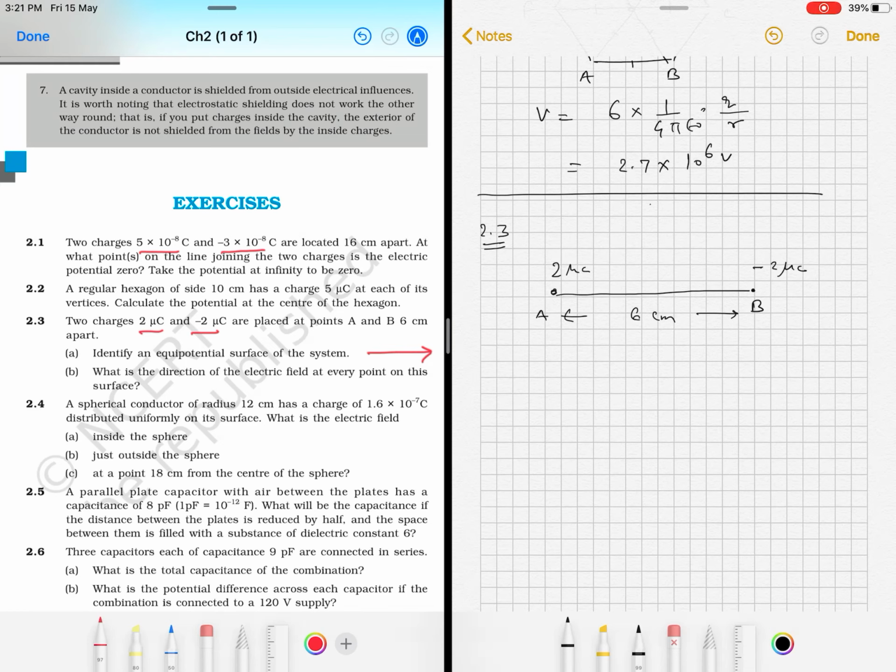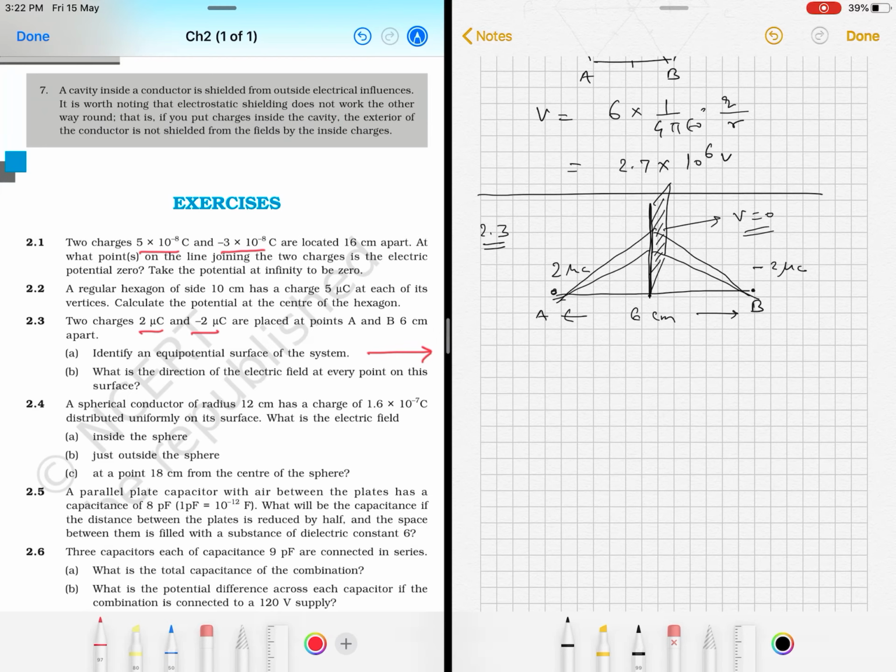So we know in the case of the equatorial line, a plane passing through the midpoint of AB and perpendicular to it, on this plane every point will be equidistant from A and B. So when equidistant, the potential of every point on this plane will be 0.